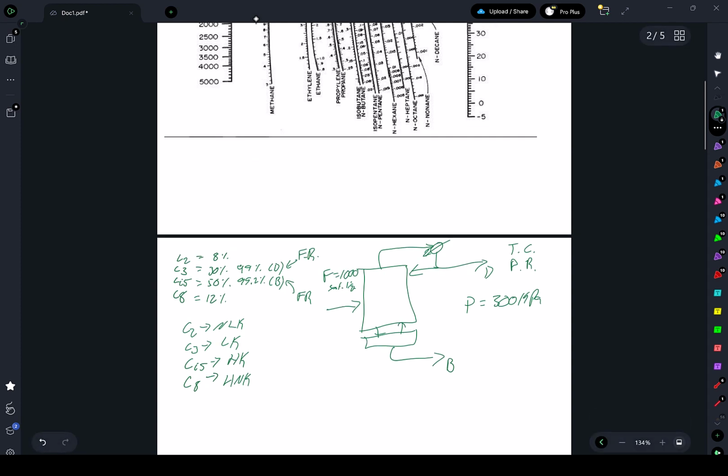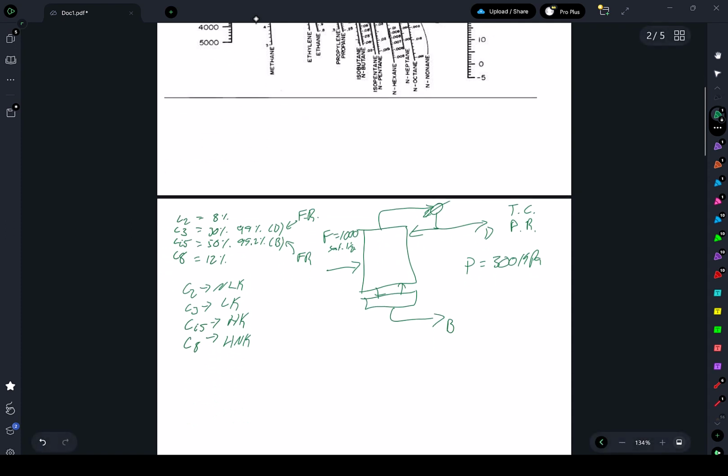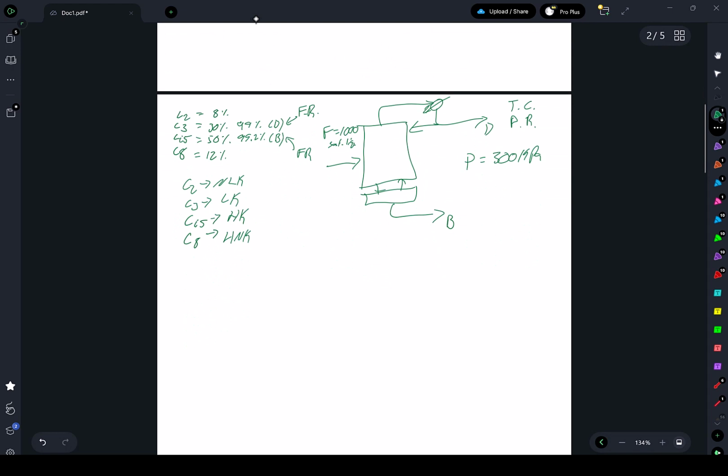Okay, I think we have enough information to start moving forward with the problem. One thing to note is that since the feed is a saturated liquid, our Z of i is just equal to our X of i.